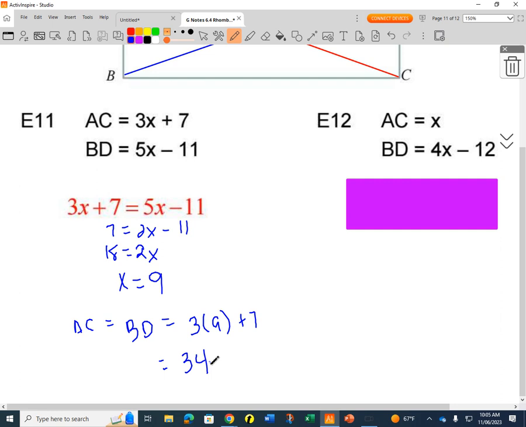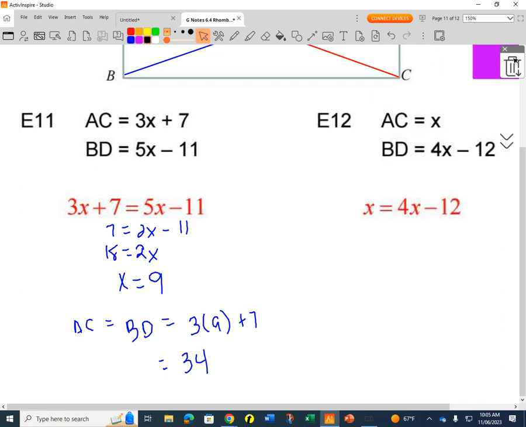And same thing with example 12. They gave you a different expression to represent the length of each diagonal. In that example, they tell you that AC is x and BD equals 4x minus 12. You still just set them equal to one another and solve for x. We subtract x from both sides.